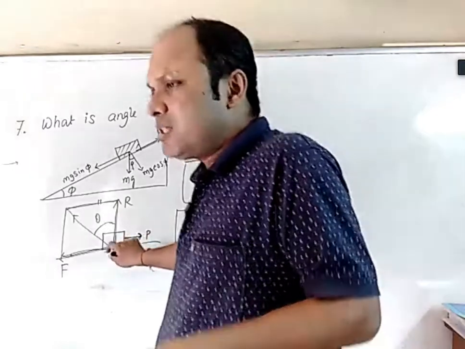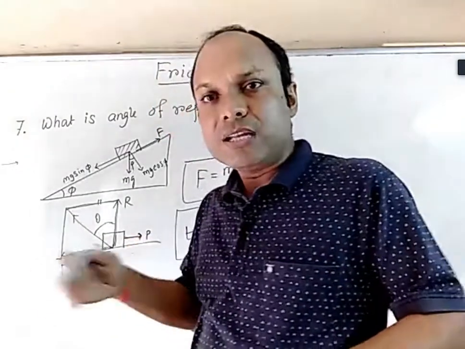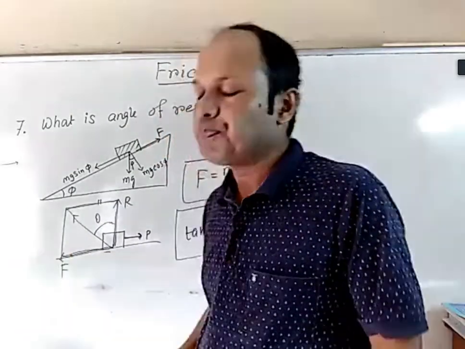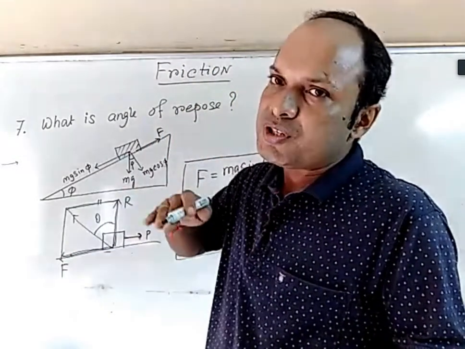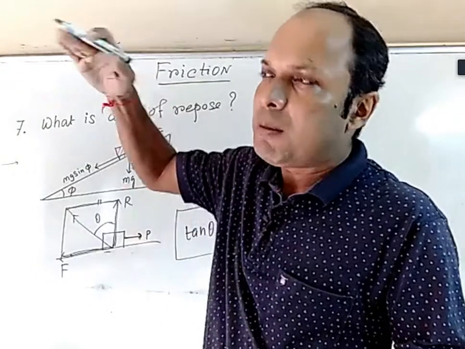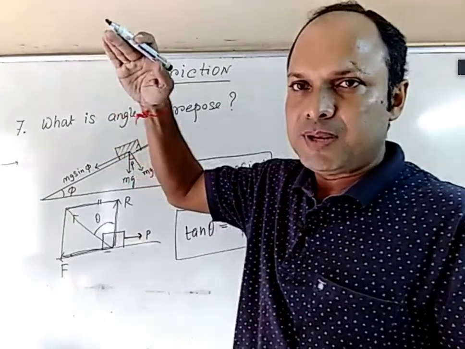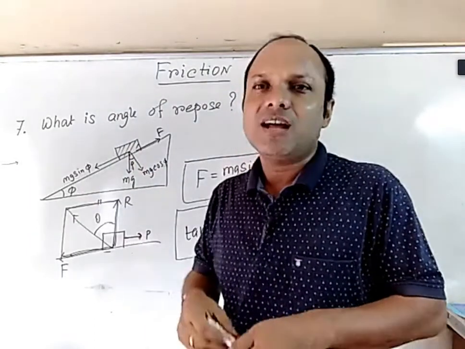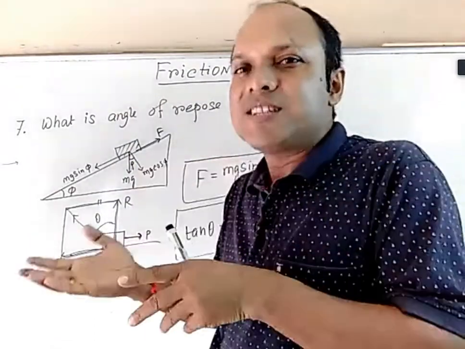If you increase your applied force, then the static frictional force developing along the two surfaces in contact in the opposite direction will increase. This process will continue up to a particular value of applied force. After that, static friction is not able to increase its value.